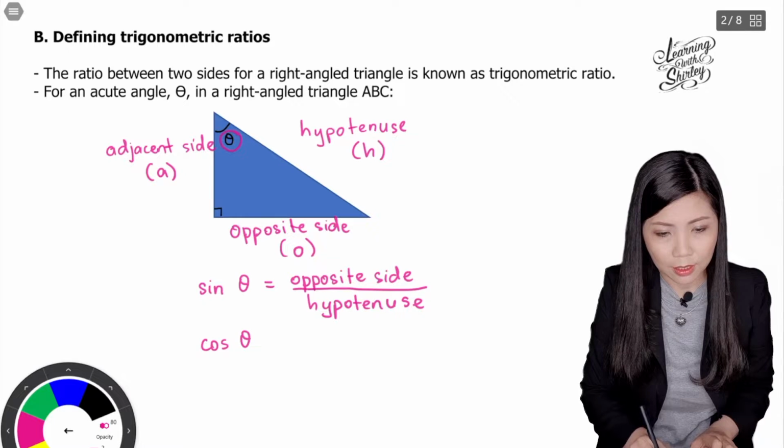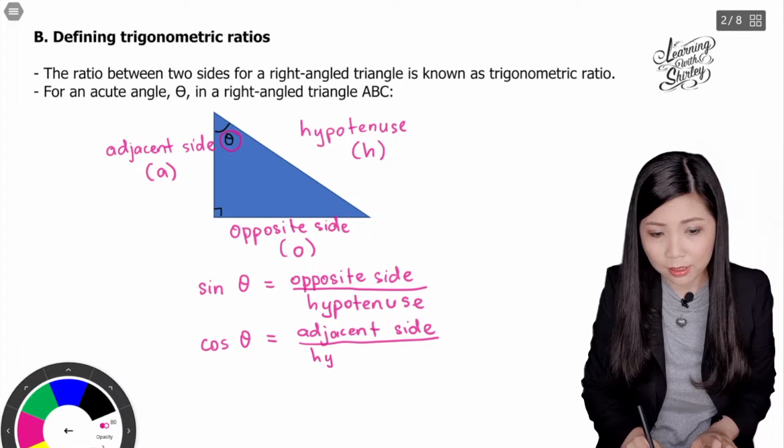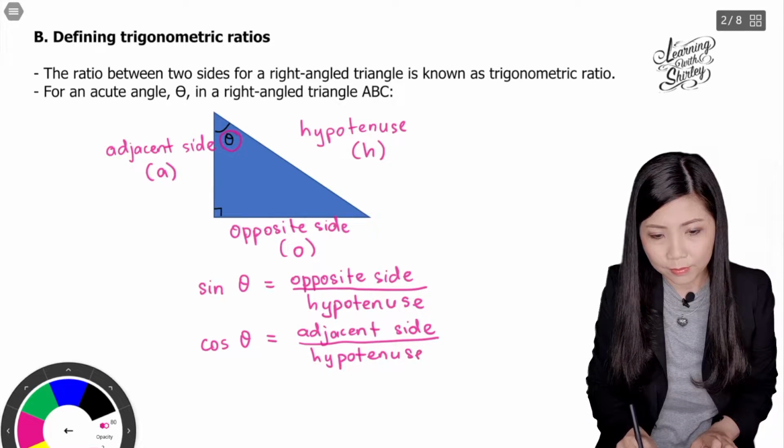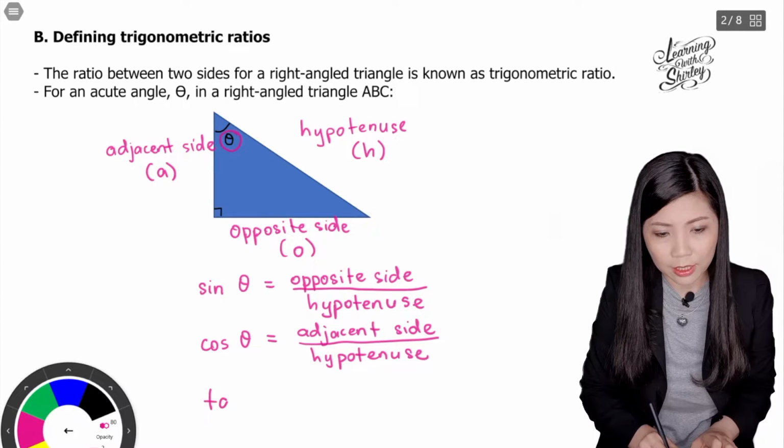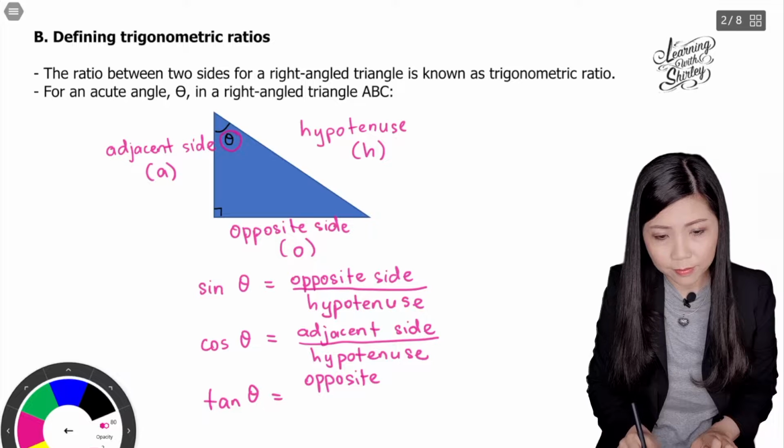Cos theta is equal to adjacent side over hypotenuse. And next will be tangent theta. So tangent theta is equal to opposite side over adjacent side.